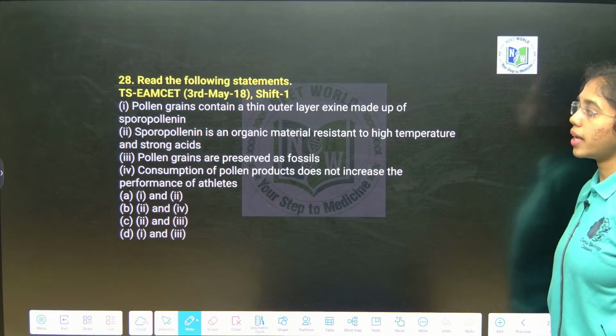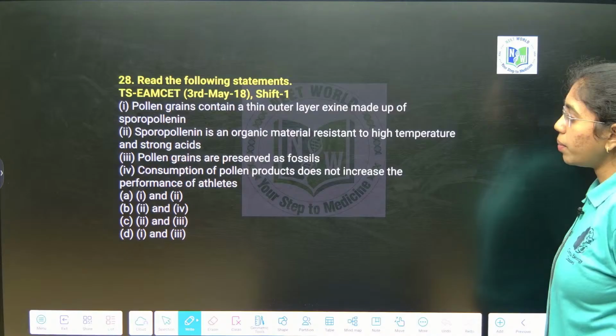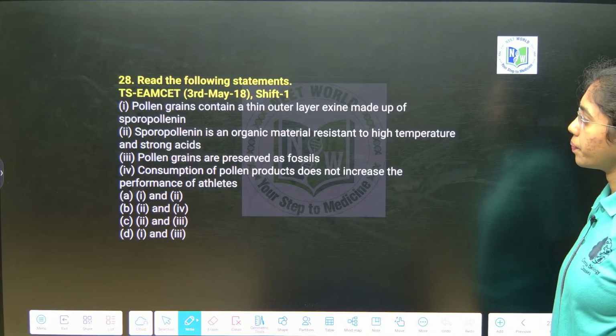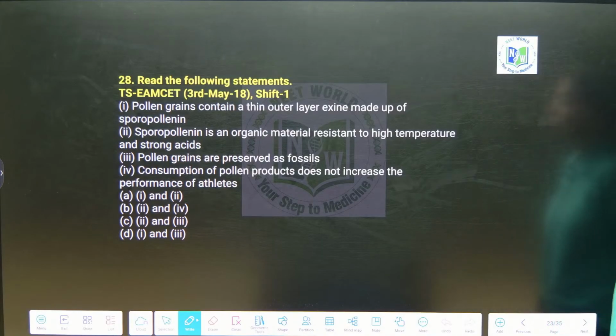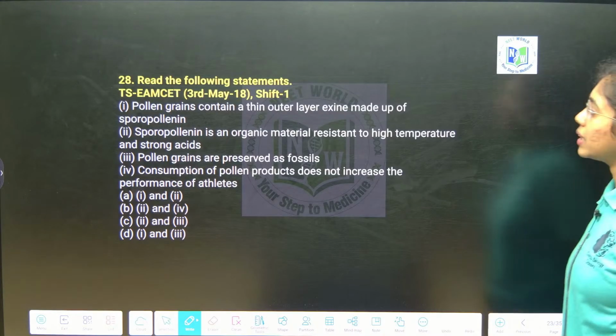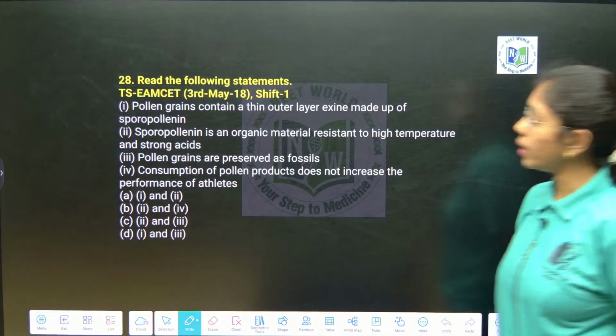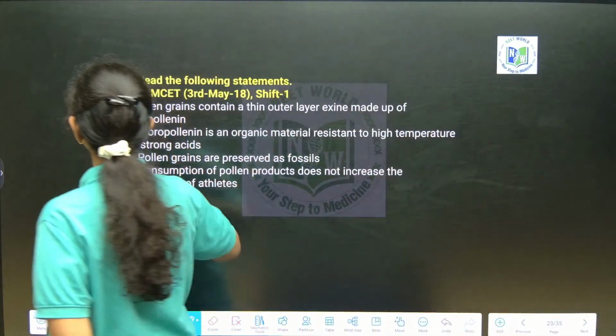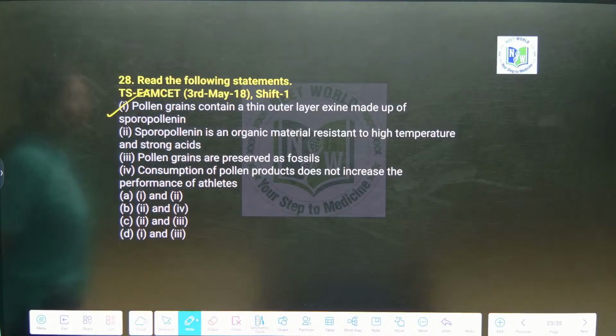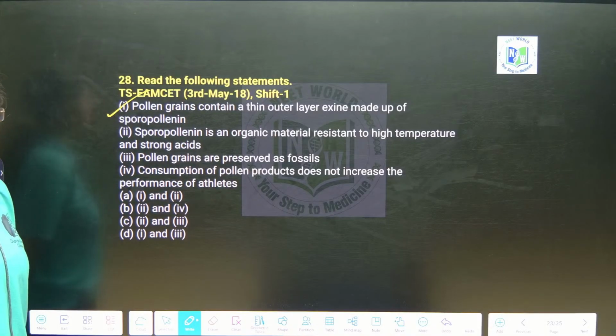Read the following statements. Statement based question again. Pollen grains contain a thin outer layer that is exine, which is made up of sporopollenin. True. Sporopollenin is an organic material which is resistant to high temperature and strong acids.